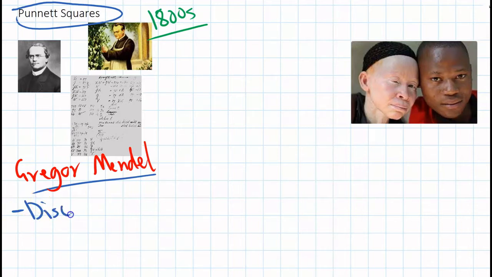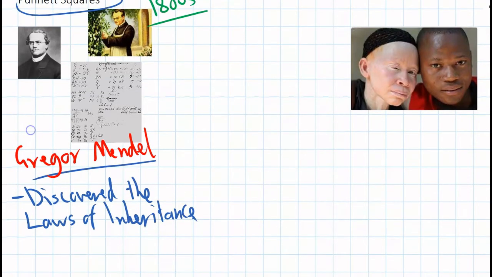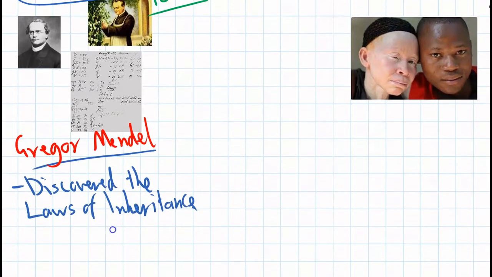So he discovered the laws of inheritance, and that's why he's considered the father of genetics. And actually, his work wasn't even discovered until about 40 years after he died.